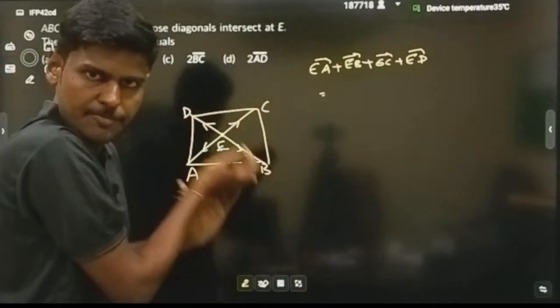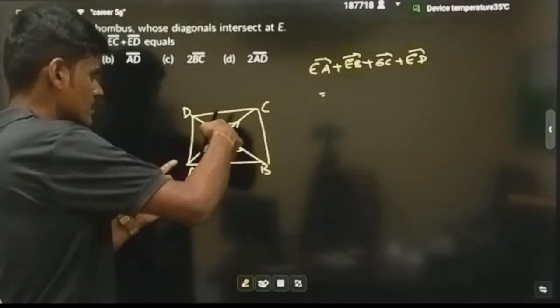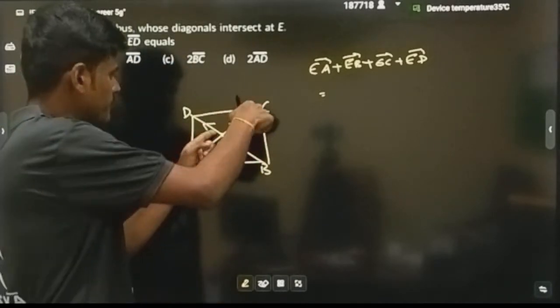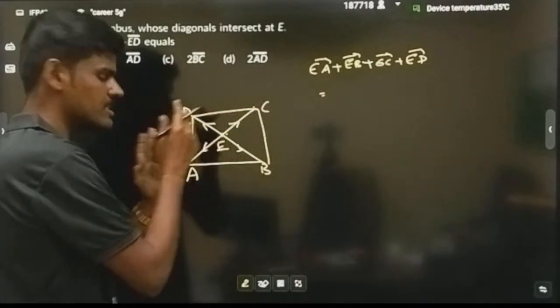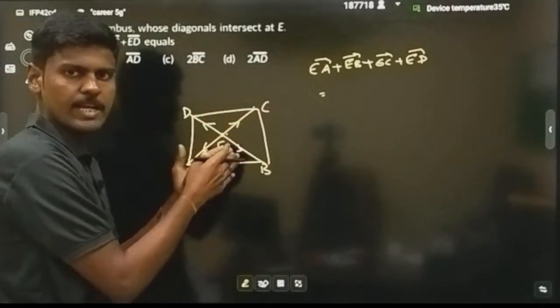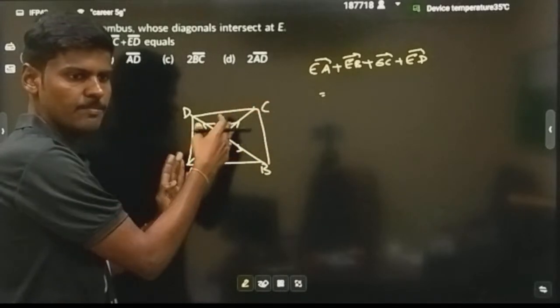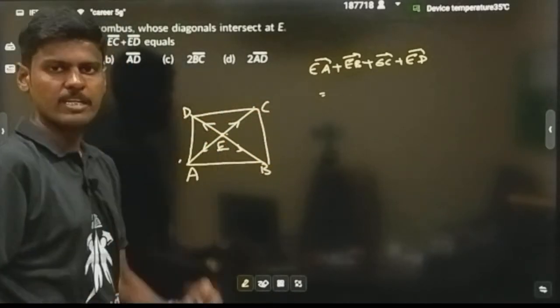By observation itself you can tell. As diagonals bisect each other in a rhombus, this EA vector will be minus of EC vector. Correct or no? Diagonals bisect means E is the midpoint of AC. So EA vector and EC vector have the same magnitude but opposite direction. Similarly for EB as well as ED vector.